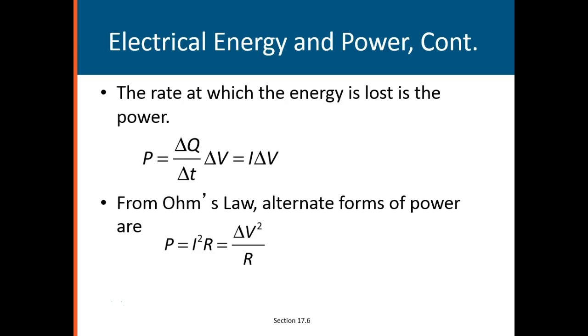And since we know it's the same voltage across them, let's use this one. Now, the resistance of A was less than the resistance of B because it had a larger diameter. So if the resistance in A is less, that means the power through A is greater.